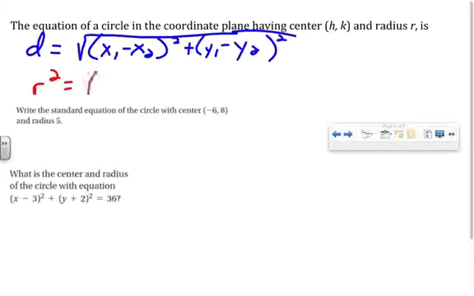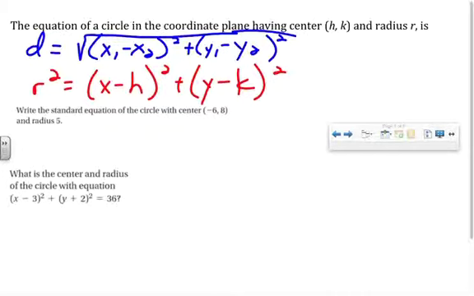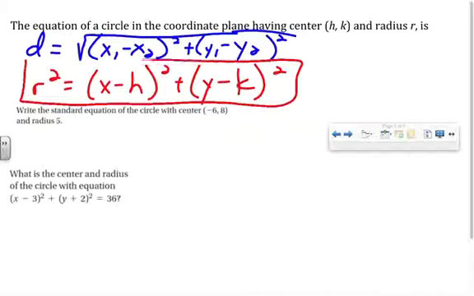The equation of a circle is r squared equals x minus h squared plus y minus k squared. That's what the equation of a circle is going to look like. What's the first one? The blue equation that I gave you up there, that's the formula for distance. Distance between any 2 points on the coordinate plane.